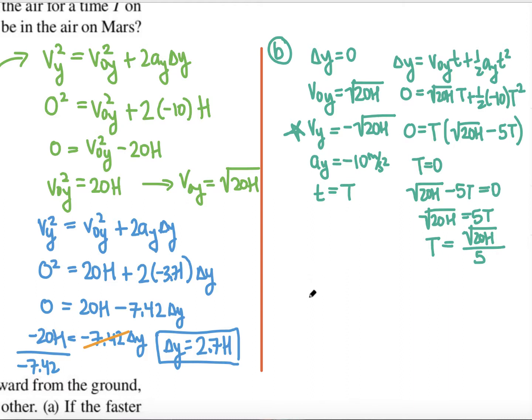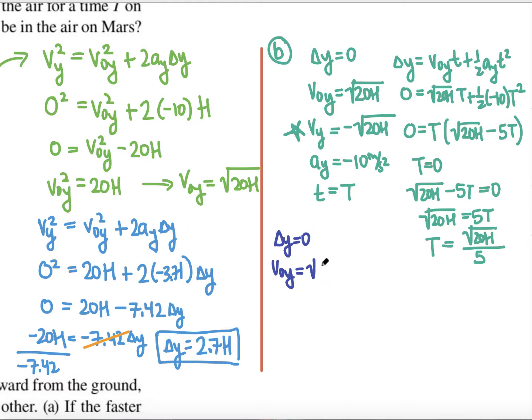So now let's go over to our Mars and see how it's different. So for Mars, we have delta y is still 0. Let's actually scoot over so we have a little more room. Delta y is still 0. V initial y is square root of 20h.